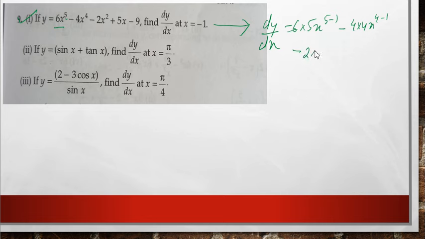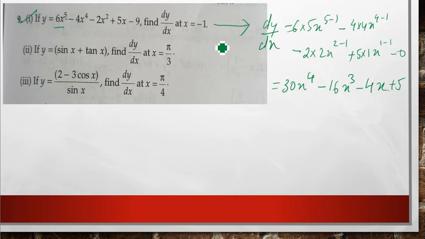So minus 2 into 2 x to the power 2 minus 1 plus 5 into 1 x to the power 1 minus 1 minus 9 means what? Minus 0. So it will be 30 x to the power 4 minus 16 x cube minus 4x plus 5x to the power 0 means 1.